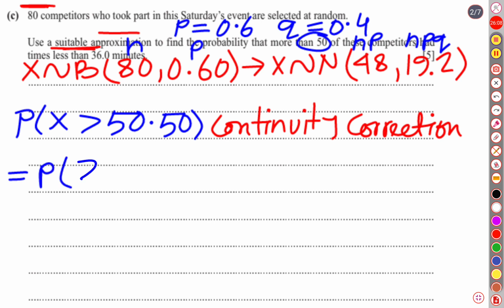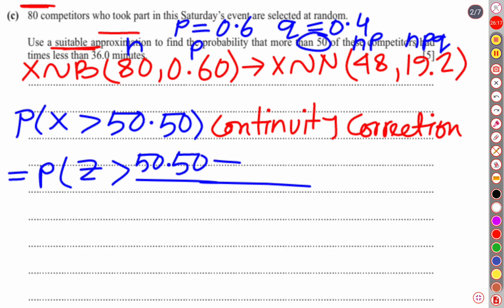Now we are going to standardize the score. Probability of Z greater than 50.5 minus our mean. What is our mean value? Our mean value is 48, over the standard deviation. Standard deviation is the square root of variance, which is 19.2.